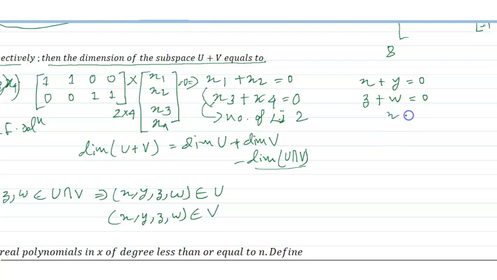So x is equal to minus y and z equals to minus w.